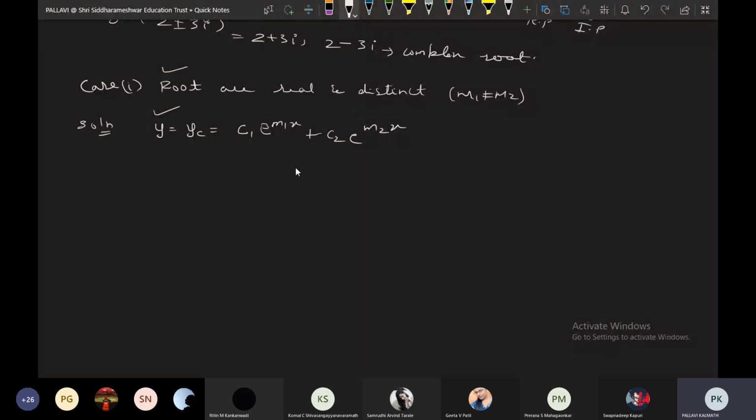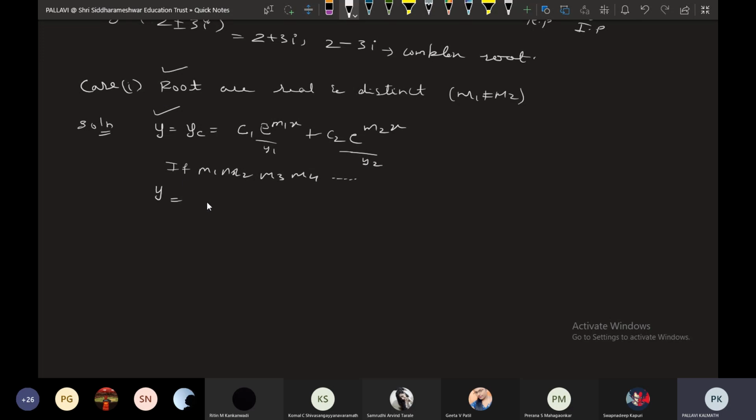If you have a fourth order or fifth order equation, how can you write the solution? If you have m1, m2, m3, m4 and so on, so many roots, how will you write the solution? As many roots as you have, so many terms you write. So this will become your y1, this term will become your y2, so c1 y1, c2 y2, as represented in the earlier form.